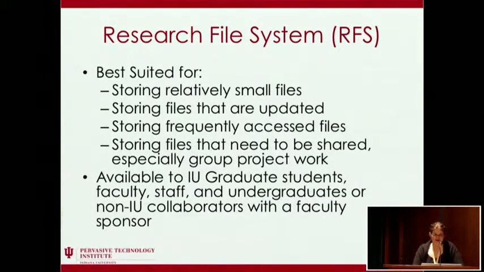So more on RFS. It is best suited for relatively small files, files that are regularly updated, frequently accessed, or shared, especially group project work. RFS is great for that. And that is available to anybody other than undergrads, basically, just straight out, and then undergrads and non-IU collaborators with a faculty sponsor.